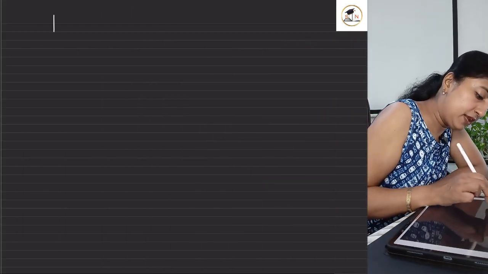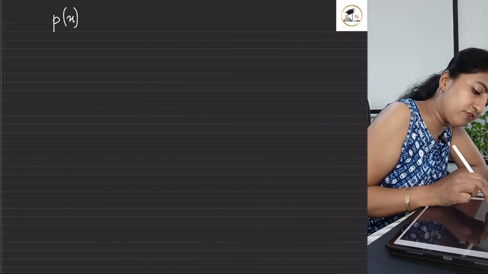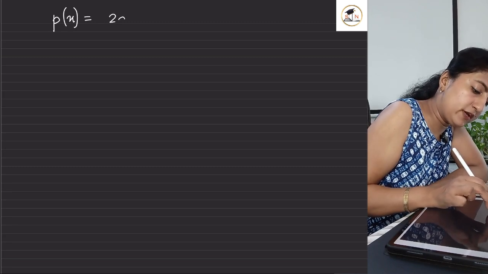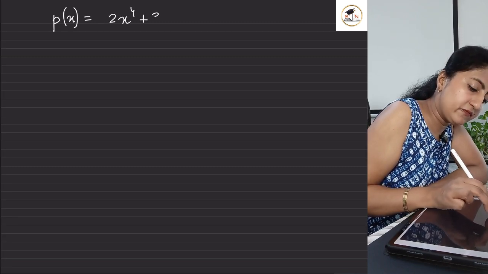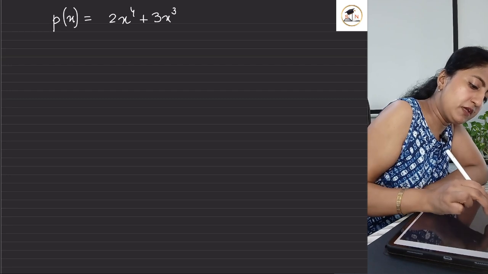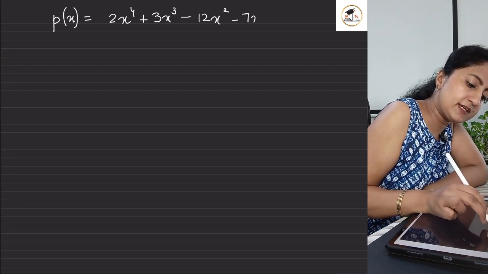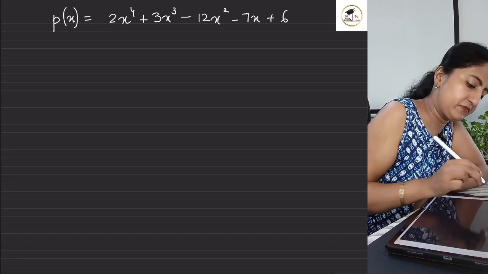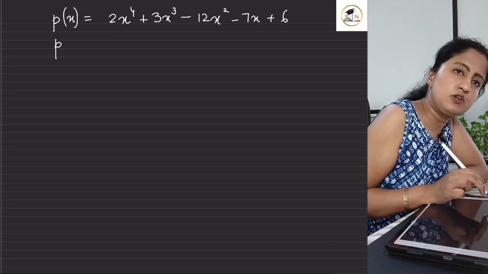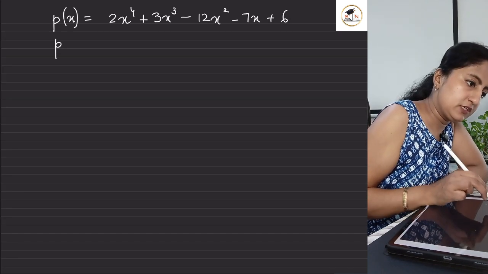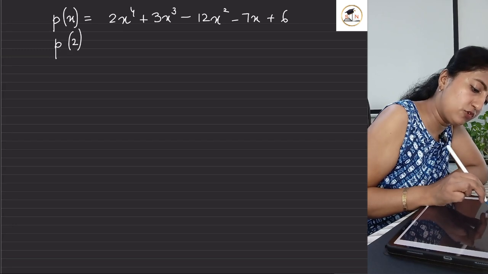I will now name the main polynomial p(x) and rewrite it as 2x^4 + 3x^3 - 12x^2 - 7x + 6. We have two values, 2 and -3. Now I will start with substituting 2 over here.